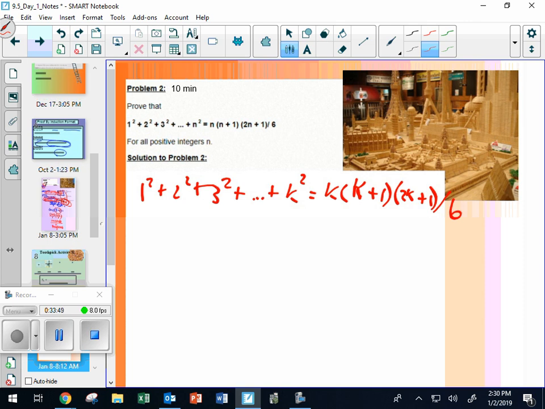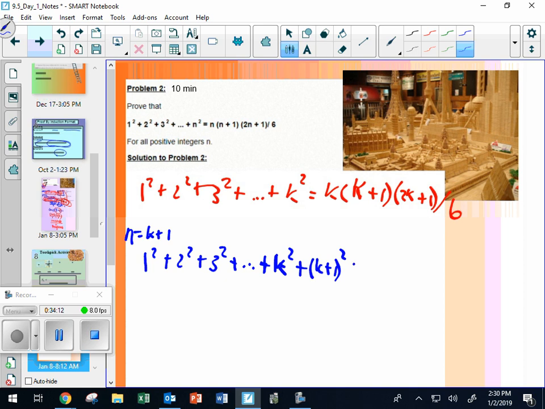Then my last step is that proof, where I put in, let n equal k plus 1. 1 squared plus 2 squared plus 3 squared plus dot dot dot plus k squared. I leave that there. And then I also include a k plus 1 squared. And then I replace all my k's with k plus 1s.